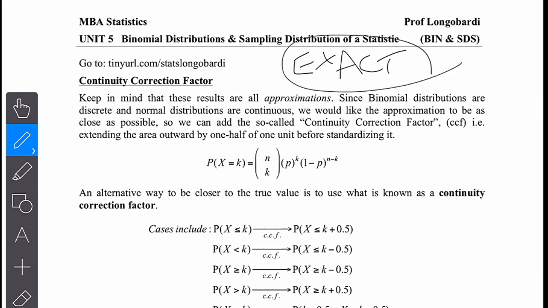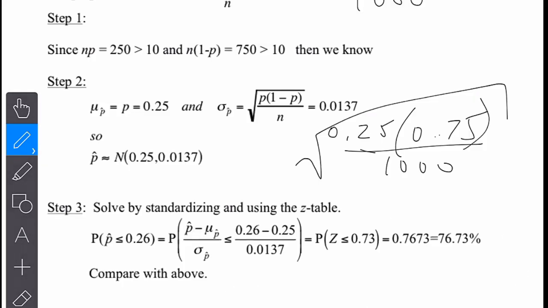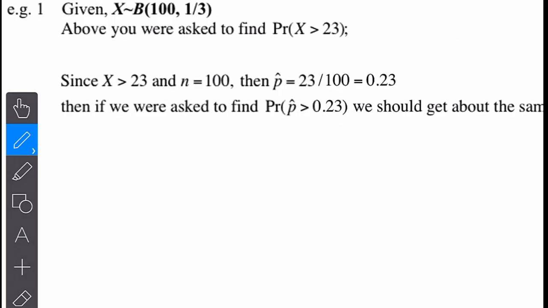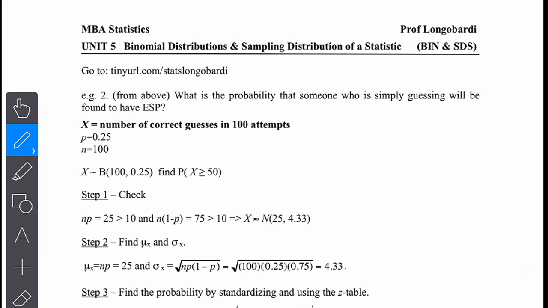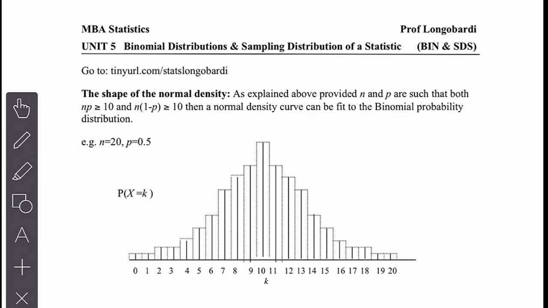To make it exact, we need to compensate for the fact that we're losing or gaining some density artificially. Going back to the depiction of the spiked histogram. Remember this.